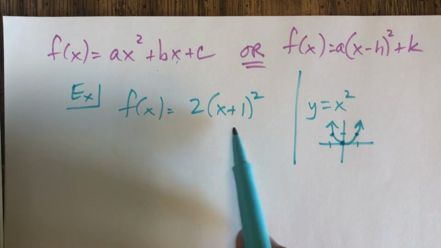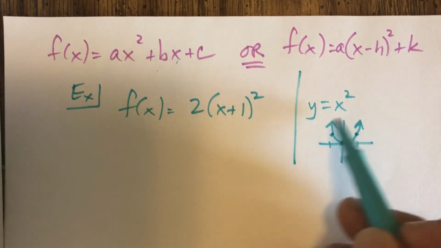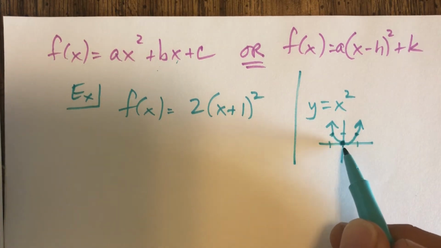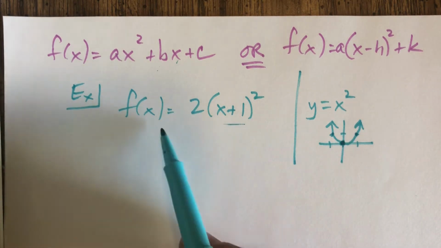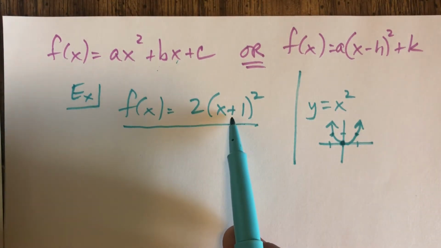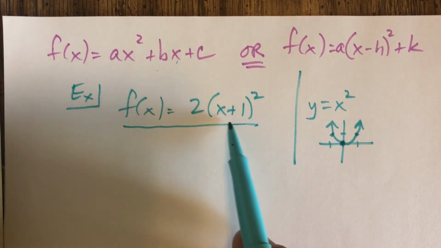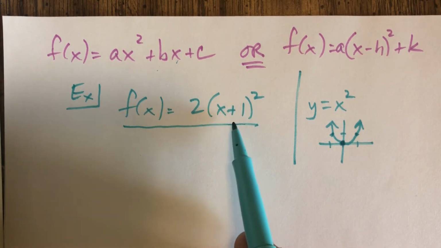And we can think about this in terms of transformations. The lowest point on the simpler function is the point (0, 0). Well, if we look at this other one in terms of transformations, we're going to take all of our x values, and when we add 1 to the x, this means we're going to move left.